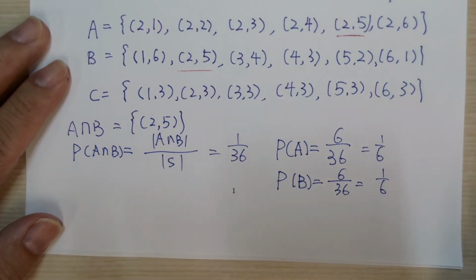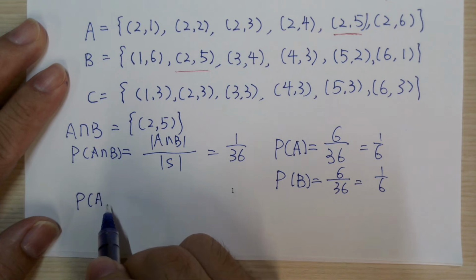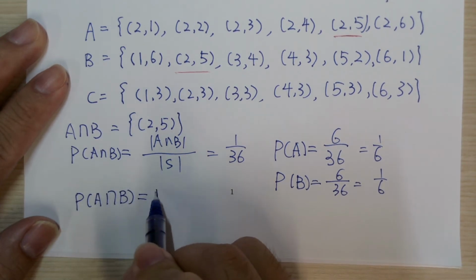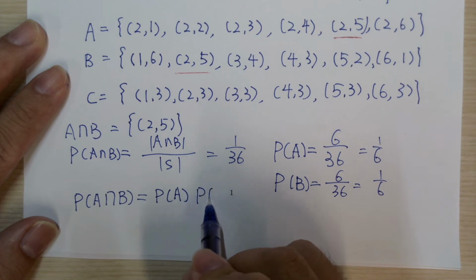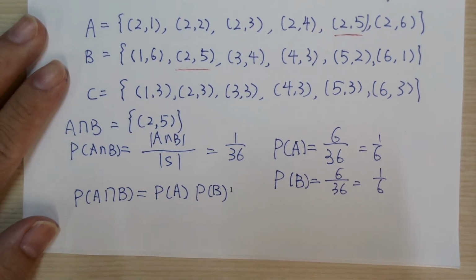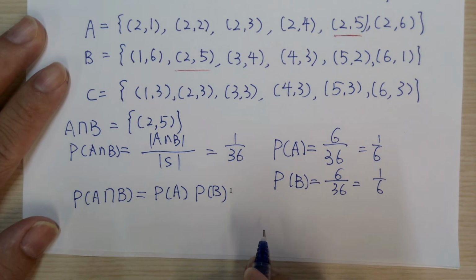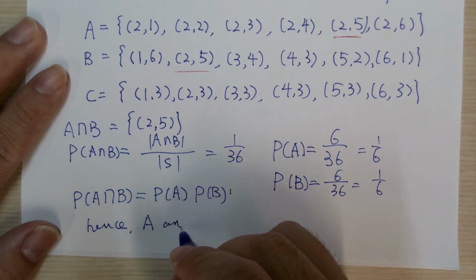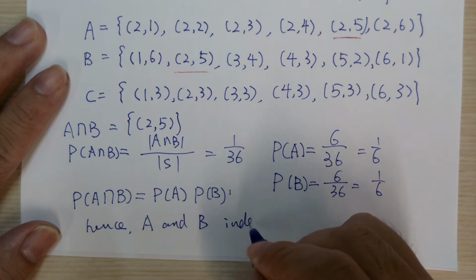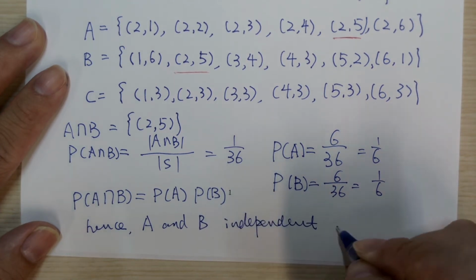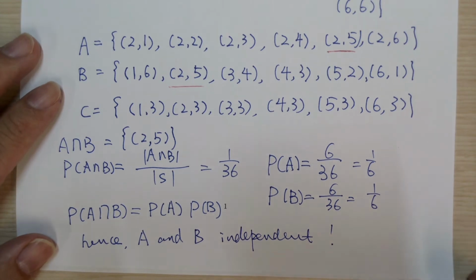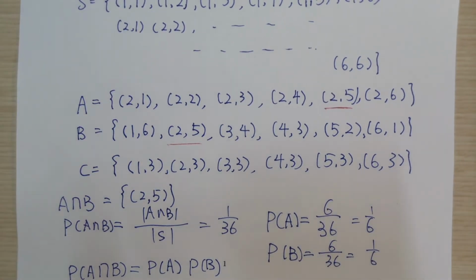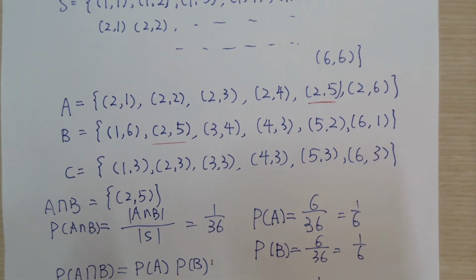Hence, since P of A intersect B equals P(A) times P(B), do you agree that A and B are independent? It's going to be independent. Okay, cool.